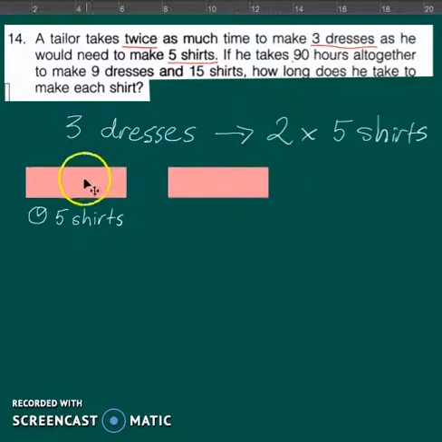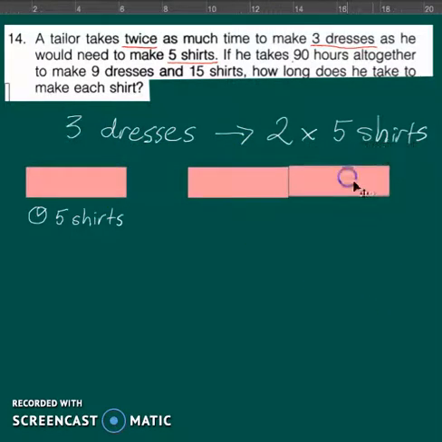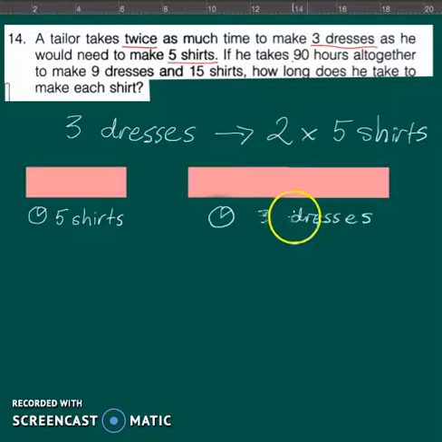So let's represent that like this. So this longer bar represents the amount of time that it takes to make 3 dresses. And the longer bar is twice as long as the shorter bar. And so it certainly makes sense that the amount of time it takes to make 3 dresses is twice the amount of time that it takes to make 5 shirts.